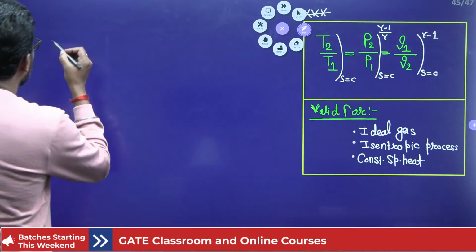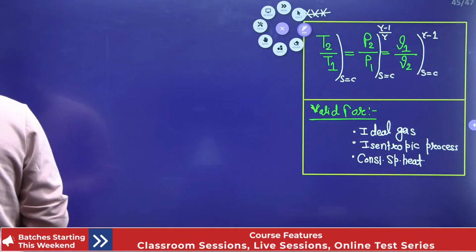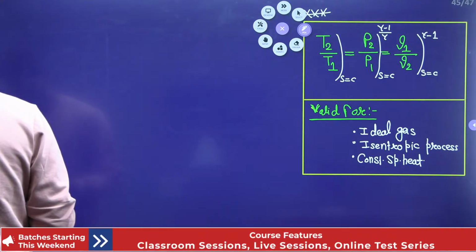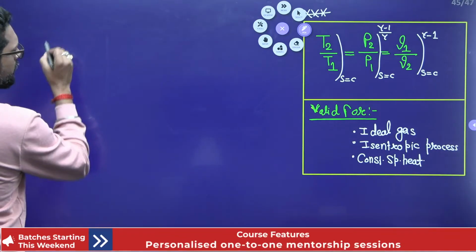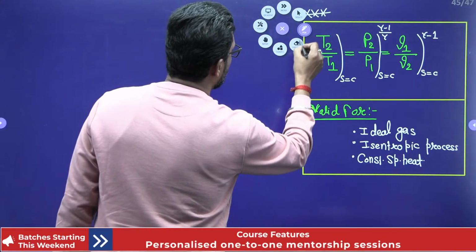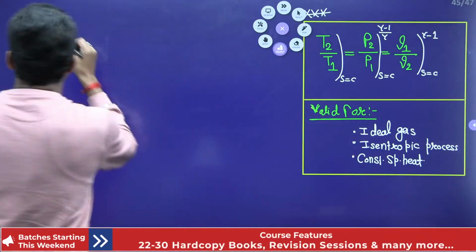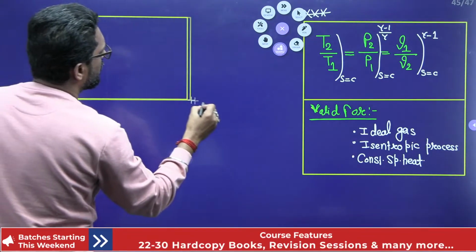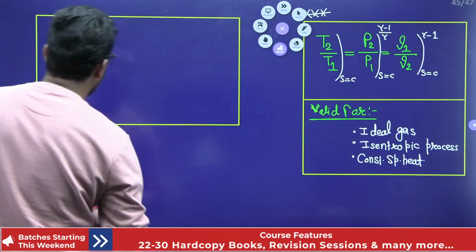In that condition, if you write the entropy change of the process, S2 minus S1, this is also important, beta.